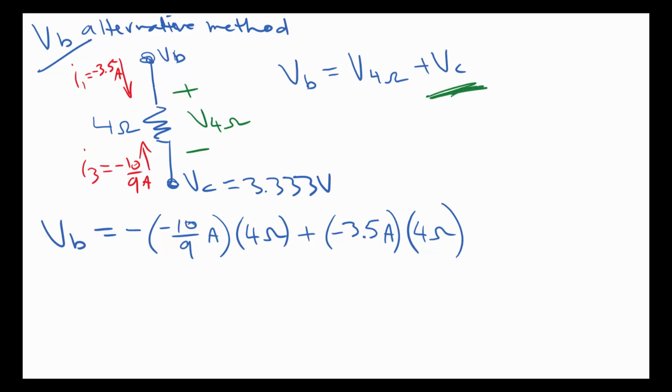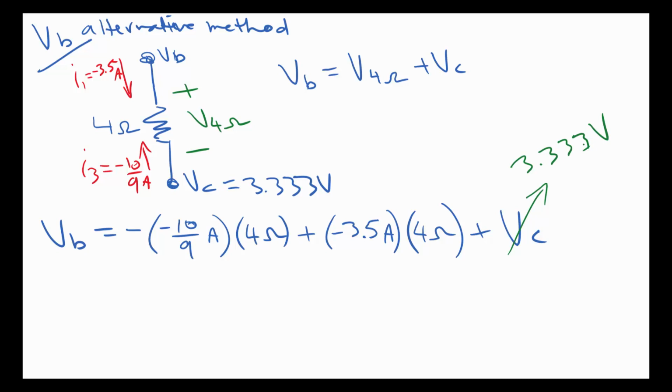We can't forget about the VC voltage, so we have to add that in there too. It's like an offset, so plus VC, and we know that that's equal to 3.333 volts.